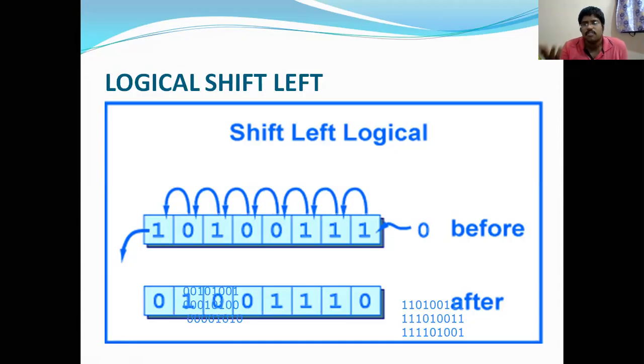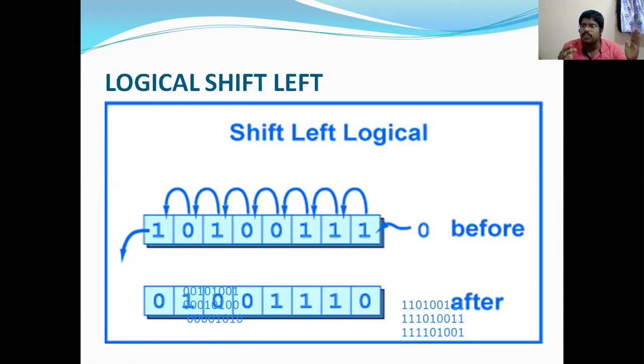What is the change? You all know that in the shift right operation, the value shifts from the left side to the right side. In shift left, it shifts to the left side from your right side.